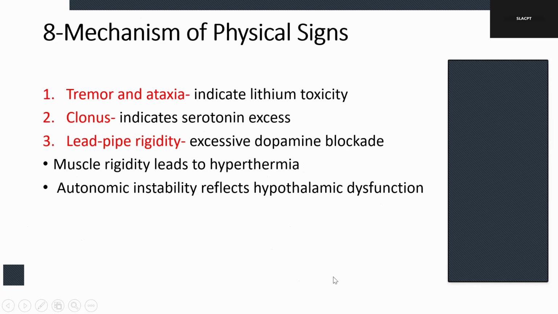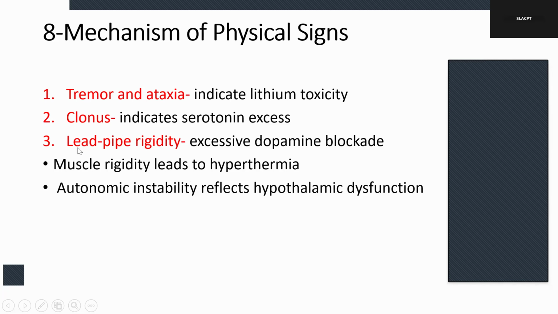So when you examine the patient, if the dominant physical signs are tremor and ataxia, there is a high degree of suspicion of lithium toxicity. If the main physical sign is clonus or hyperreflexia, especially in the lower limbs, it indicates serotonin syndrome.